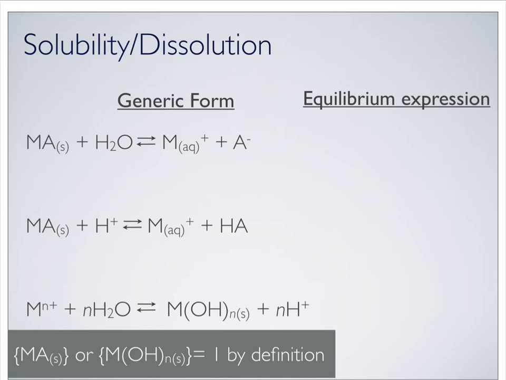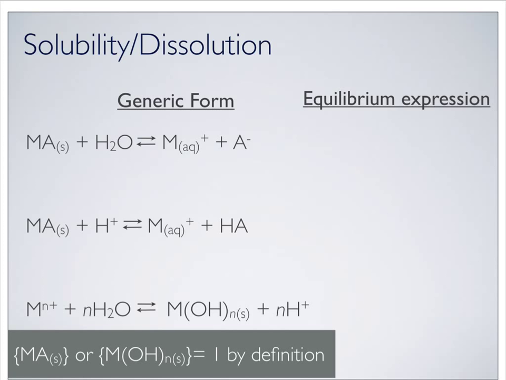So I'm going to write a few equilibrium expressions based on the generic forms of some solubility expressions, similar to what we've done in the past. In this case, I'm going to simplify everything from the very get-go by noting that the activity of the solid phase is always going to be by definition equal to 1. So that simplifies what we're trying to write.